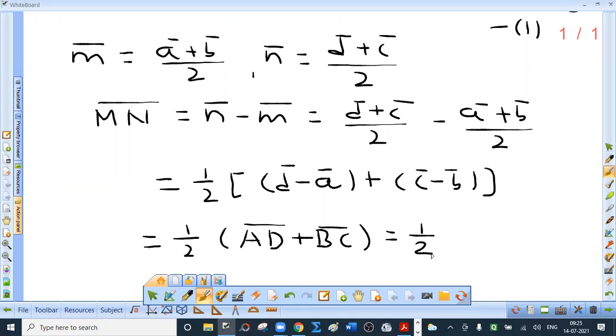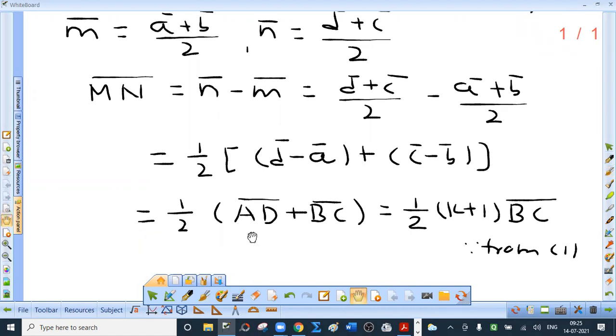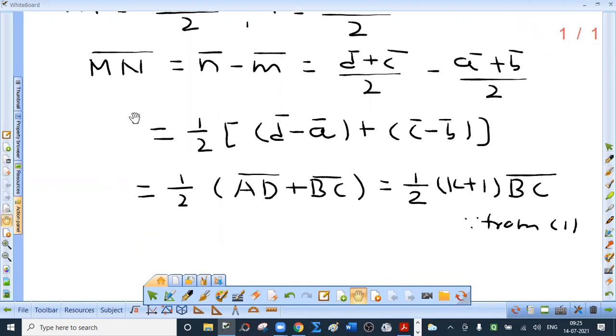So finally I can say this is half. Now in 1, see what we have written. We have written this as half AD bar plus BC bar. I'll mention the reason here: from 1. Now we have expressed MN bar as what? Scalar multiple of BC bar.